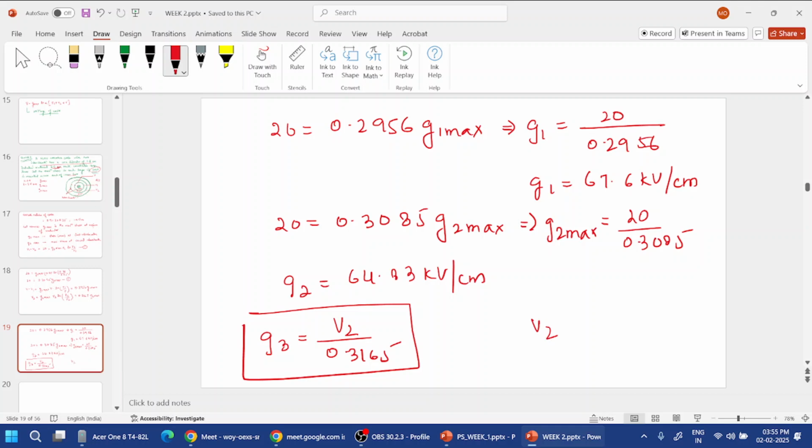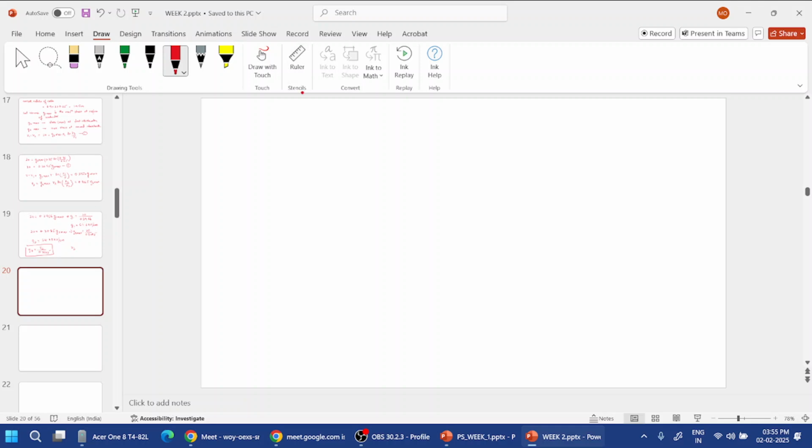So for the calculation of V2, we will use the equation V1 minus V2 is equal to... Just a second.